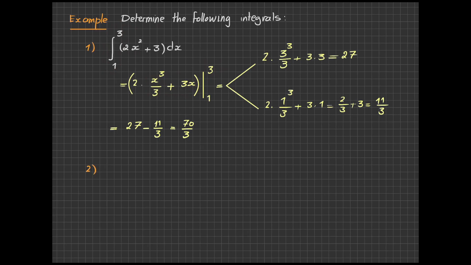So for example, let me write this. Integral from e to e squared, 2 over x dx. So I want to calculate the exact value of this. So how should I do that?